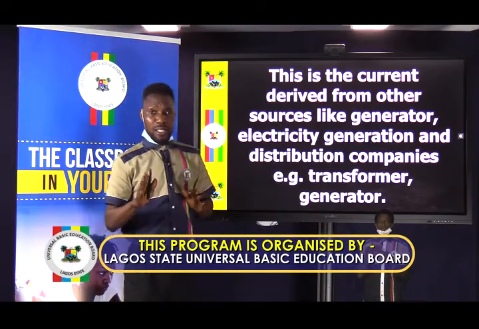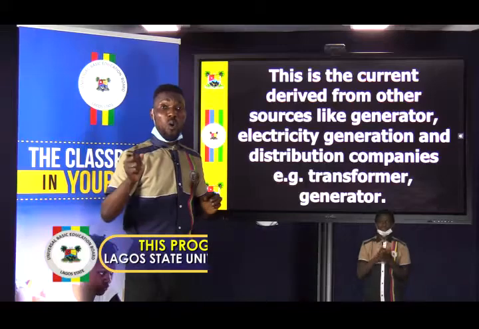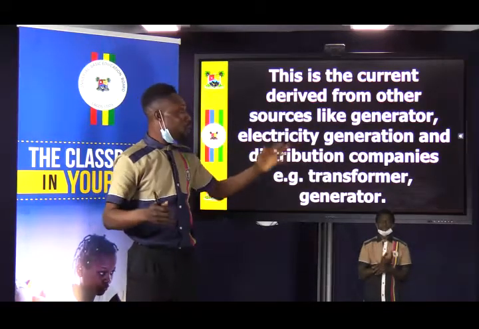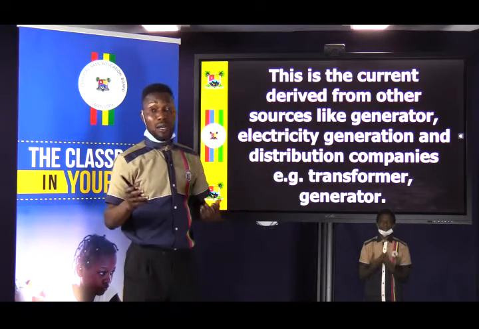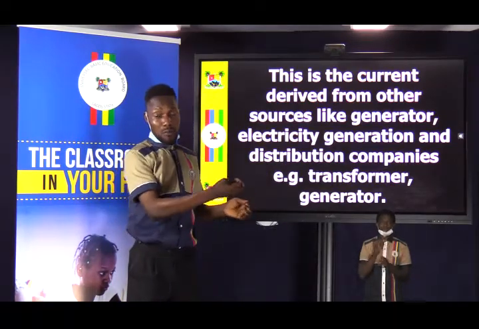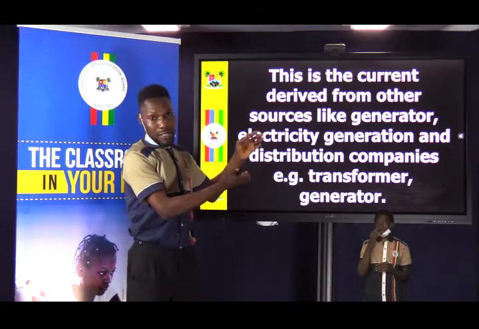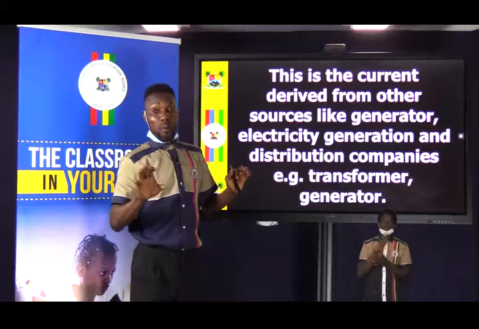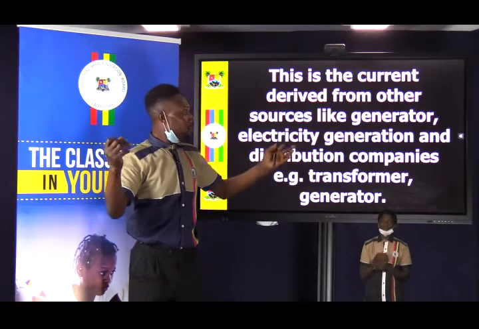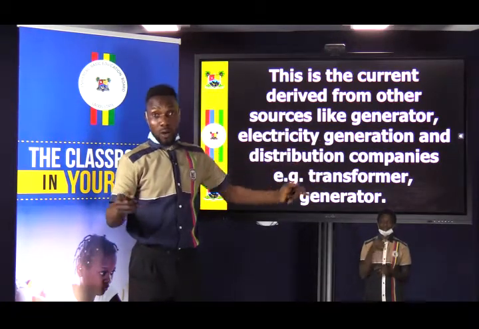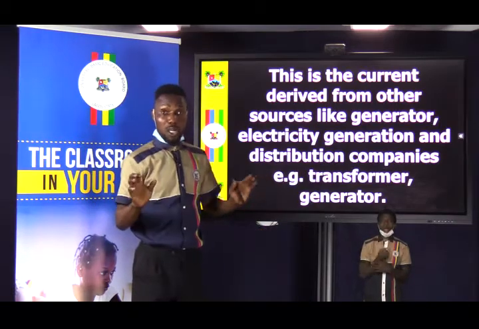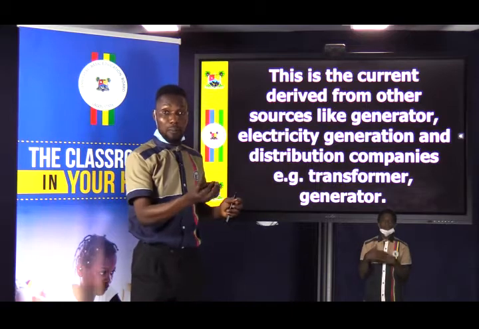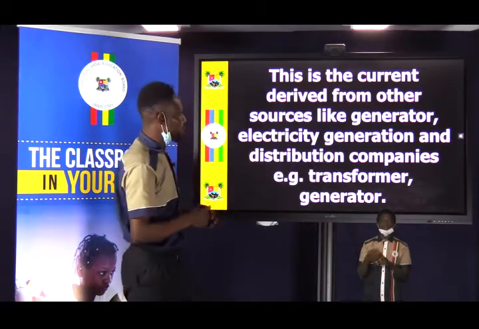I told you that it's not only the kind of current we derive from our generator or from the distribution company that we regard as electricity. Even the ones from your battery that make certain things work is also electricity. But mostly we believe that the power from the generator or the distribution company is what you regard as electricity. It goes beyond that. Even from the batteries is also electricity.